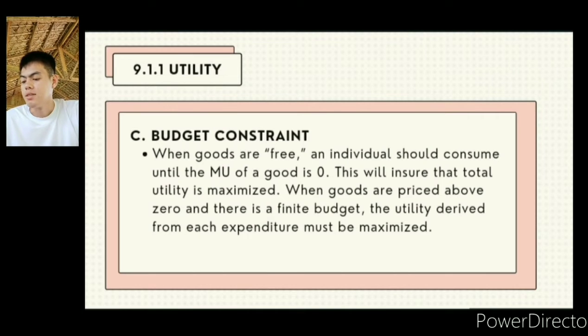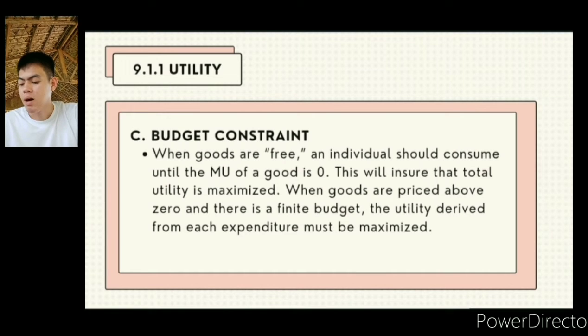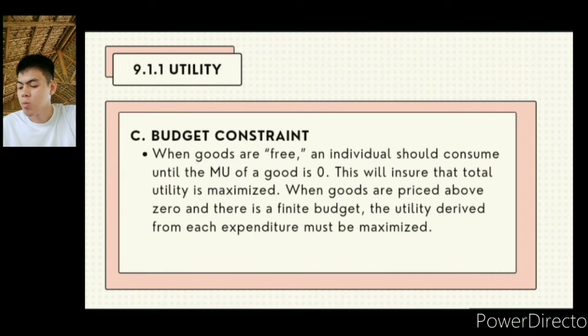At sabi din dito, pag lumampas ang price sa 0 at may sapat pang budget, dapat na gamitin hanggang maging maximize, parang sinasabi dito na hanggat mayroong budget or good, i-consume lang ito ng i-consume hanggang sa ma-maximize yung utility nito.